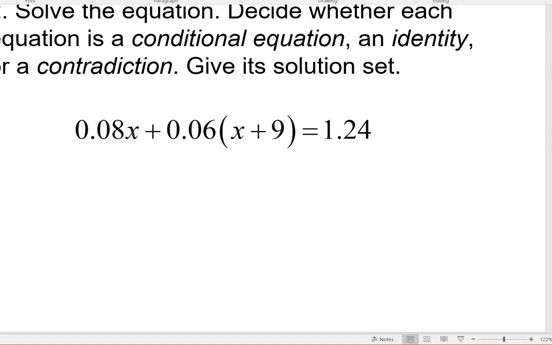This next one's a little different because we've got decimals, right? Well, we have a couple options. I can either distribute and leave the decimals. We do have technology that can handle that pretty well.